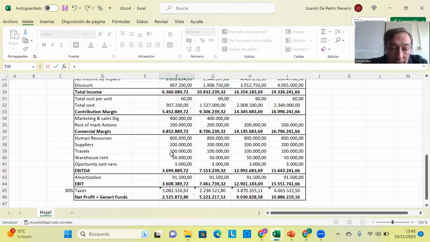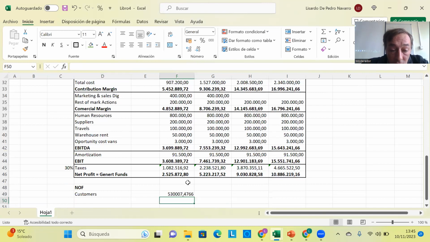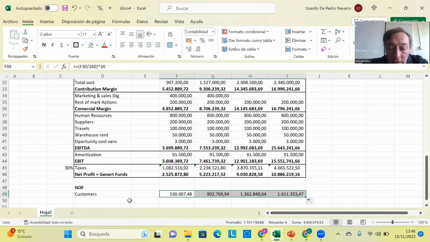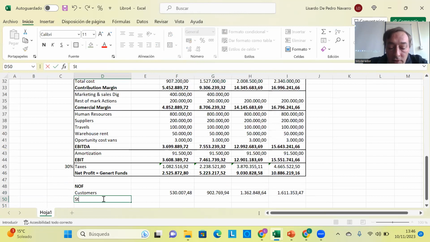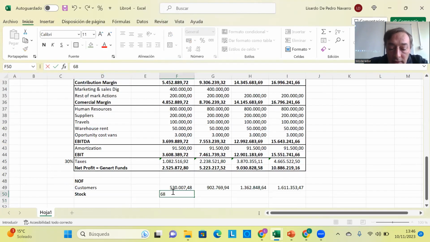We are going to take the net sales, the net income, divide by 360 days and multiply by 30 days. So the customer account is going to be 530,000, and we are going to copy this one across the rest. The stock that we are going to have is 680,000 for the years.